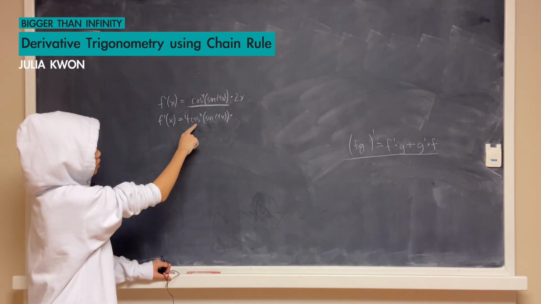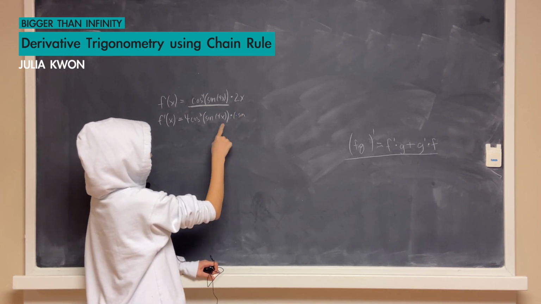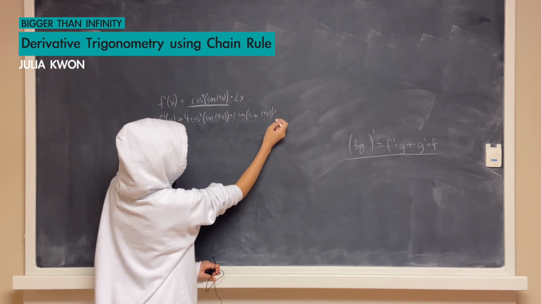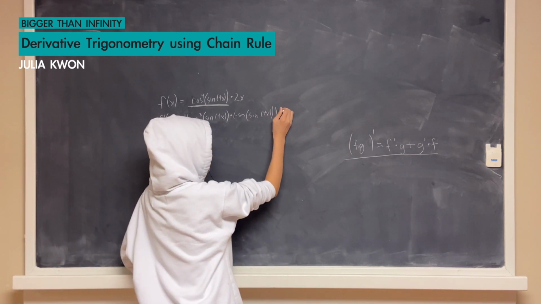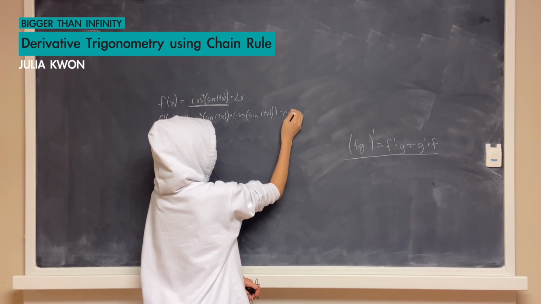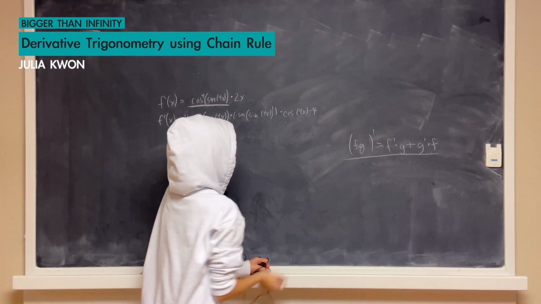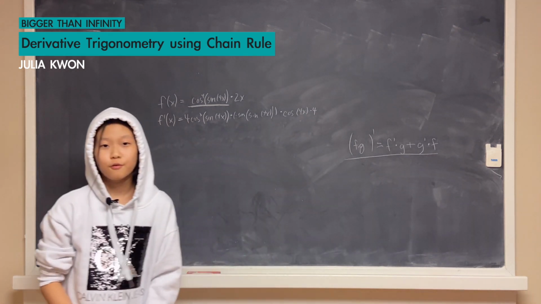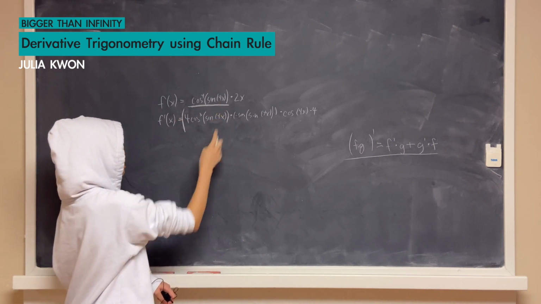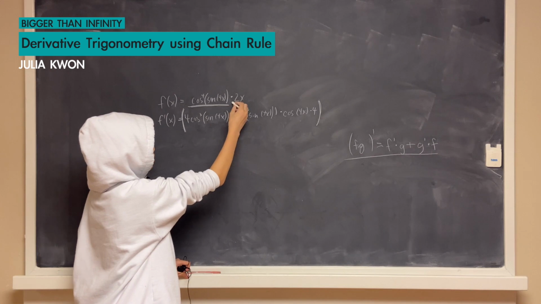Then, using the chain rule, the derivative of the cosine is negative sine of the rest, which is the sine of 4x, and then multiply this again by the derivative of the sine because we're using the chain rule, so times the cosine of 4x, which stays the same, and then multiply this by 4, the derivative of 4x. And since we just did the derivative of the first part, we're going to multiply all of this by the 2x here.